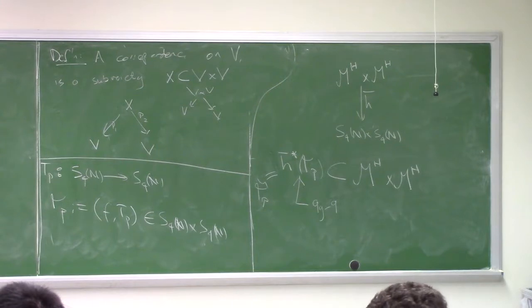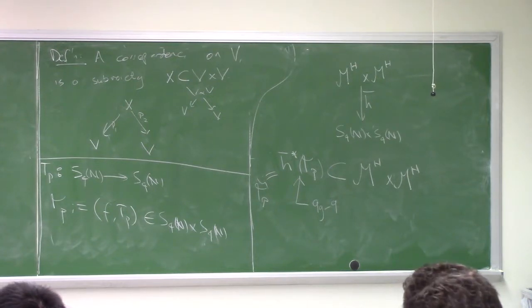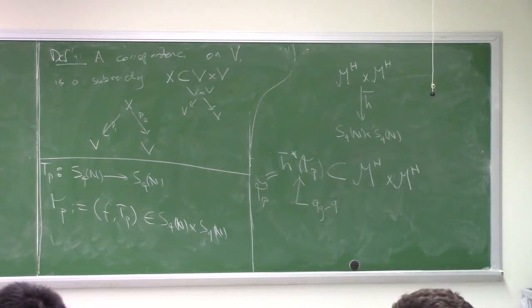So if we simply intersect it with some 9G minus 9 variety in here, then the dimension of the intersection will be equal to 6G minus 6. So there's a nice 9G minus 9 variety here, and that's the total space.